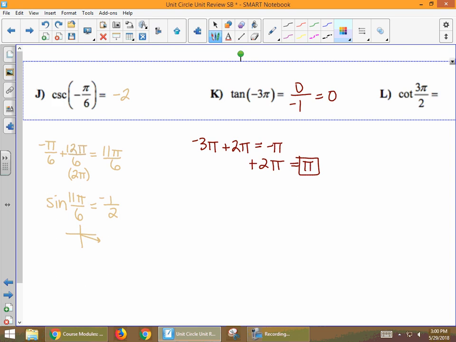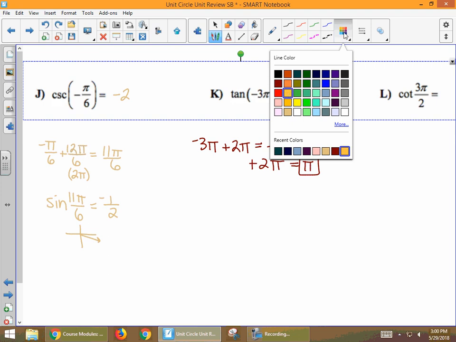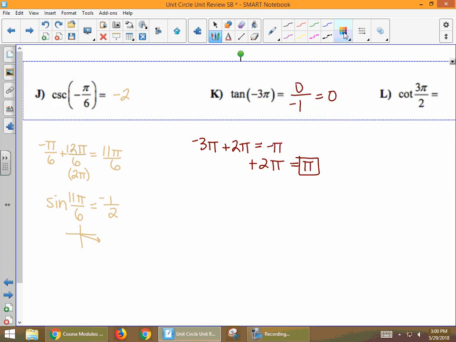Okay, cotangent of 3 pi over 2. I think this is the last one I'll fit on this video. 3 pi over 2 is on our unit circle, it's straight down. Cosine is 0 and sine is negative 1. Cotangent is cosine over sine.